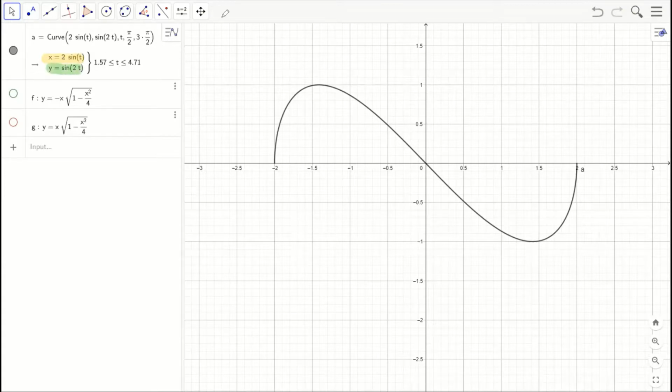And I've specified the domain exactly as it was in the question. So it's in decimal form, but that's from pi over 2 up to 3 pi over 2. So you can see this confirmation. The domain goes from -2 up to 2, and the range runs from -1 up to 1. So that's where the minima and maximum are respectively.